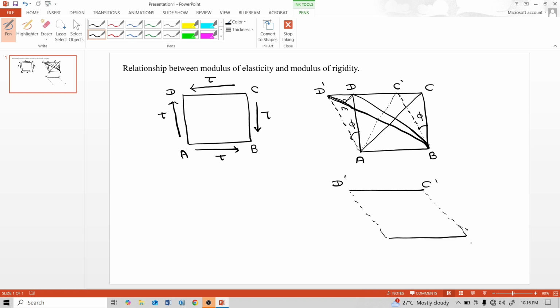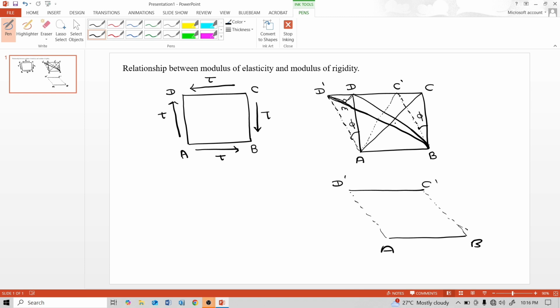This is B and this is A. We will see this derivation step by step. First let's see the strain in diagonal BD. Strain is the change in length to the original length. So strain in this diagonal BD is change in length to the original length.